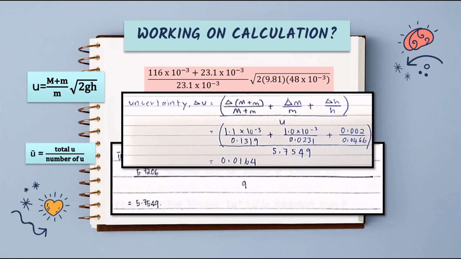All of this we multiply by the average U that we calculated earlier. So, just substitute all the values into this formula and we got 0.0164 for the uncertainty.